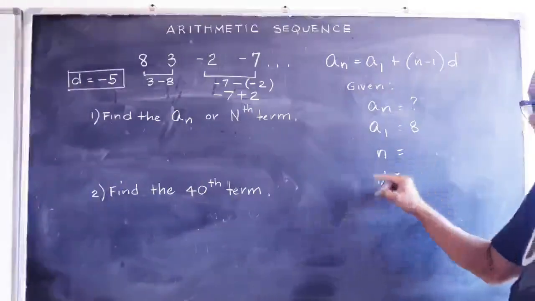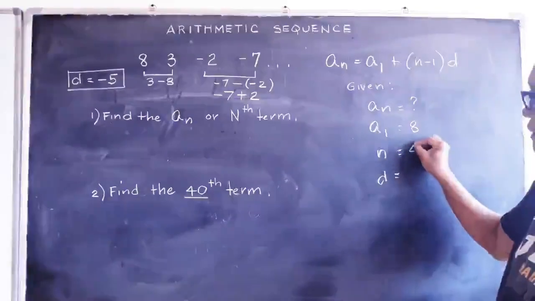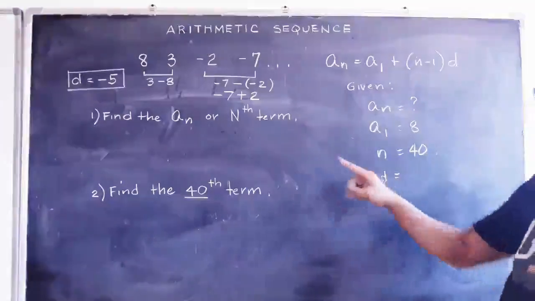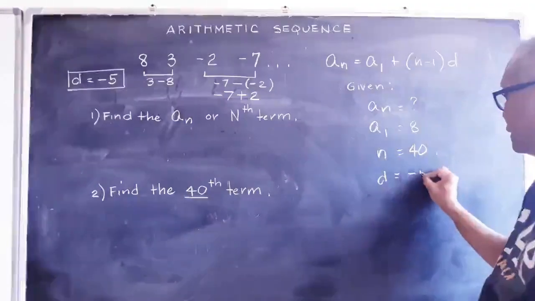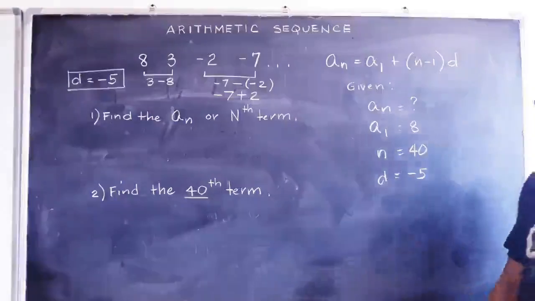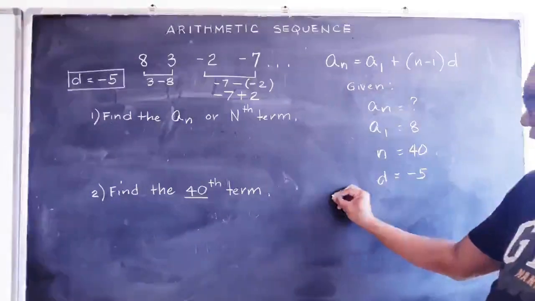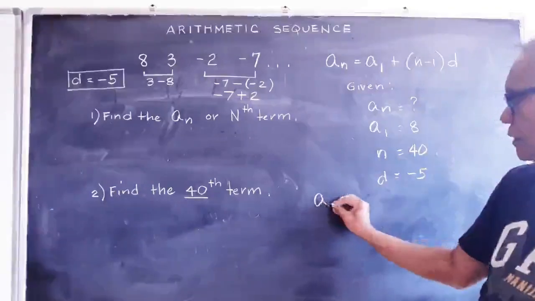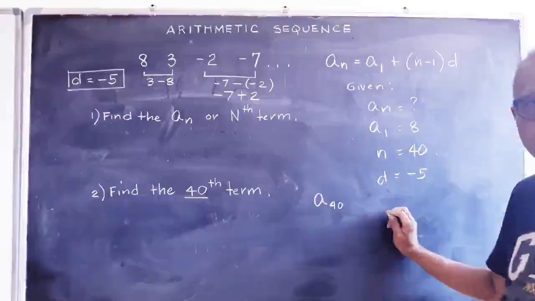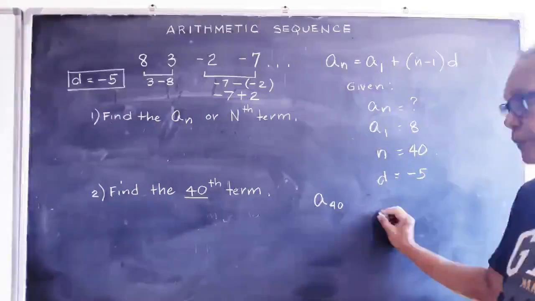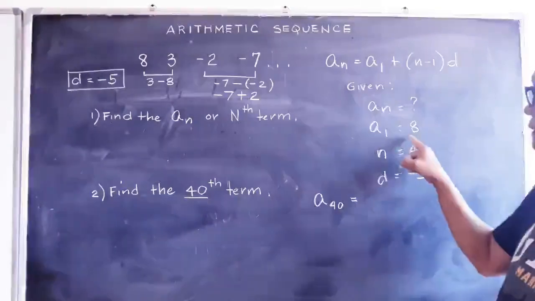What about the N? That is the 40th term. This one is 40. What about the D? We solved that one, yeah? It's negative 5. So we have the givens here, and then you put them there. So we have A_N, which is now the 40th term. So I'm going to change N to 40. A40 is equal to, what's the first term A1? 8.